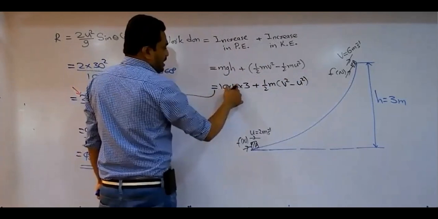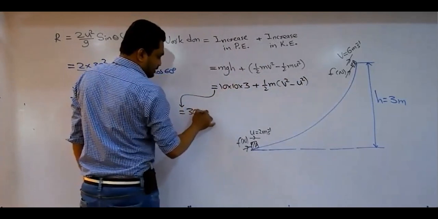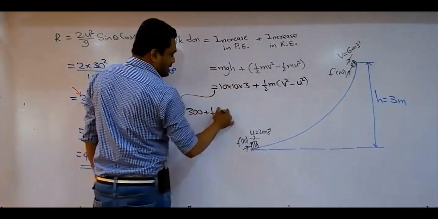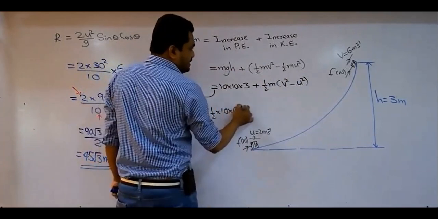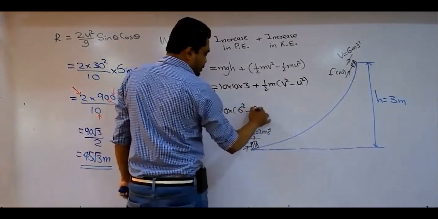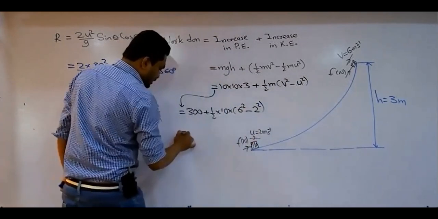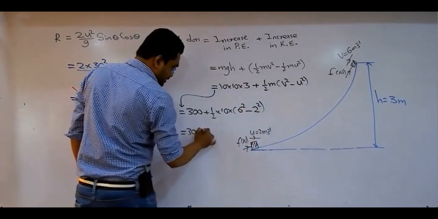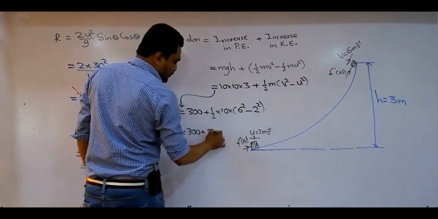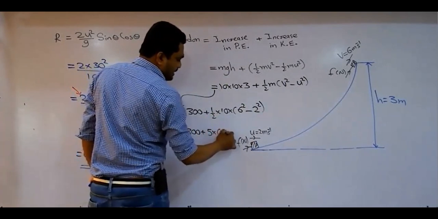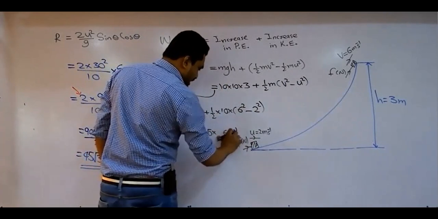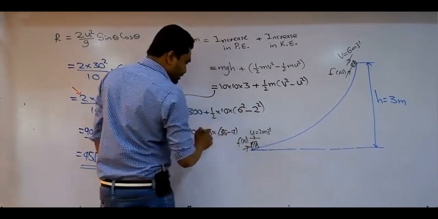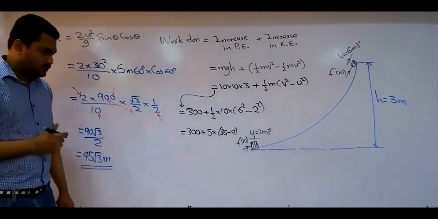So 10 into 10, 100 into 3, 300, plus half, mass of the object is 10. v is 6, u is 2. So this is 300, 10 divided by 2 is 5. Square of 6 is 36. Square of 2 is 4. What is 36 minus 4? 32.